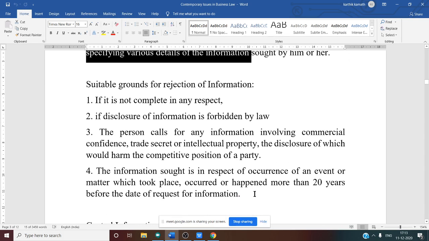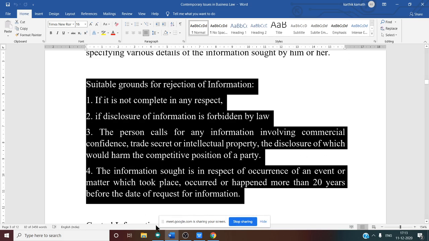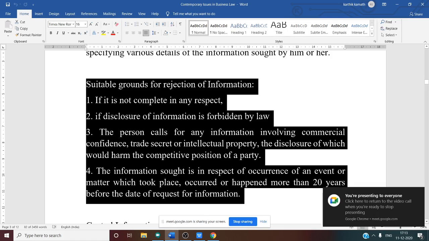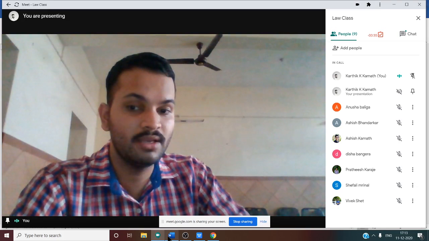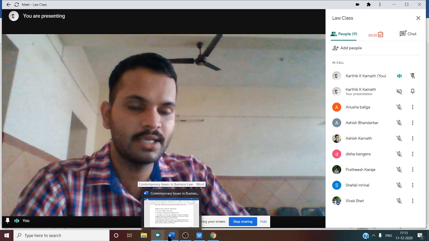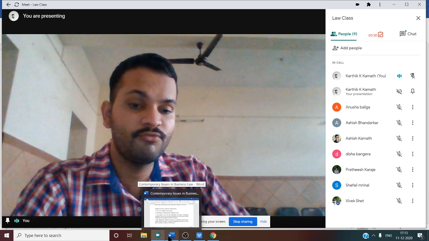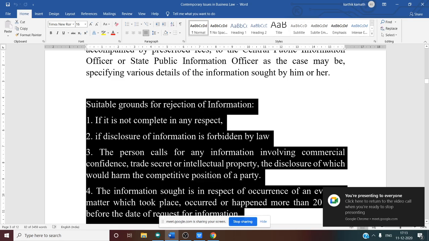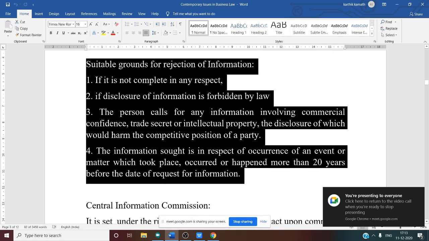Then we saw the grounds under which information cannot be given or your application may be rejected. If it is incomplete, if it is forbidden by law, or if you are asking for information which is very old, like 20-year-old information, there is a possibility that your form gets rejected.